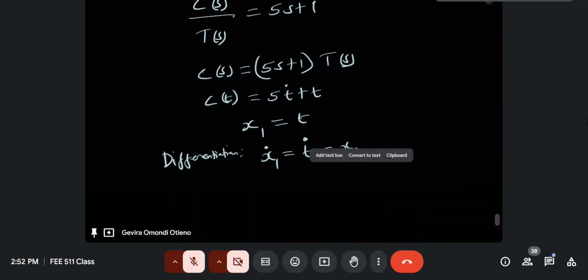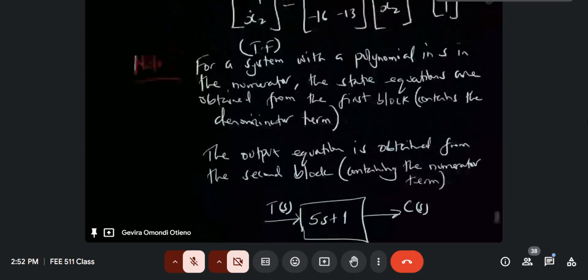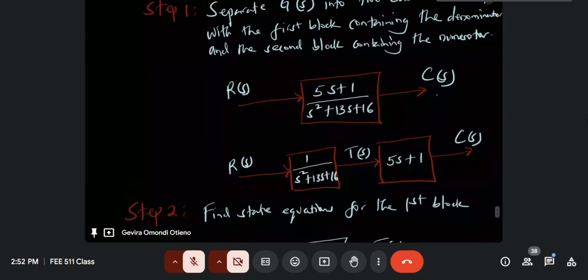And then it makes it easy because of the output of your equation. You can come to the original equation, the output y should be c, because c is the output, c of s.